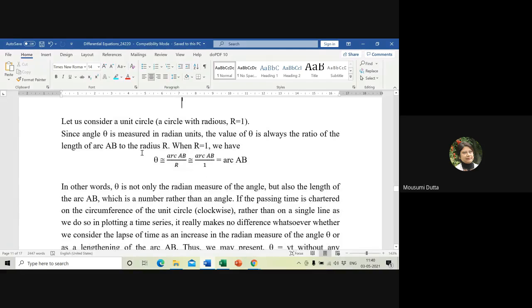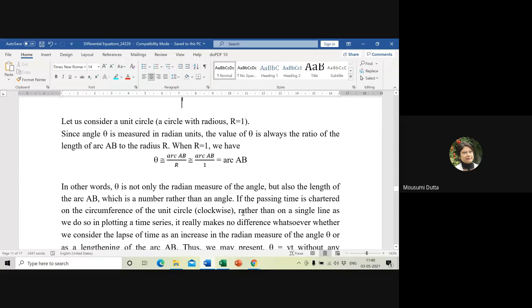However, here the size of the radius is 1. So theta here is equivalent to the length of the arc AB. In other words, theta is not only the radian measure of the angle, but also the length of the arc AB, which is a number rather than an angle.